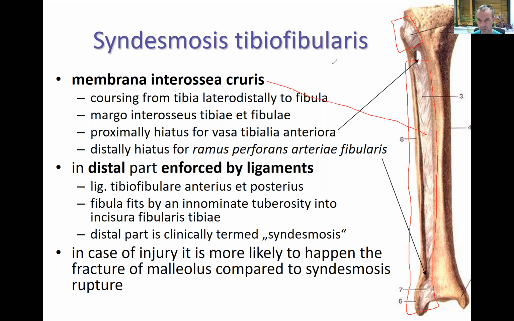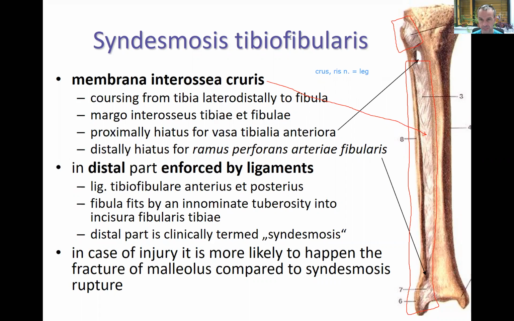Don't forget that crus, cruris, neutrum is a word meaning a leg, but it also can mean a limb, for example, a limb in the heart conducting system. But in this case, it is a Latin name for leg.